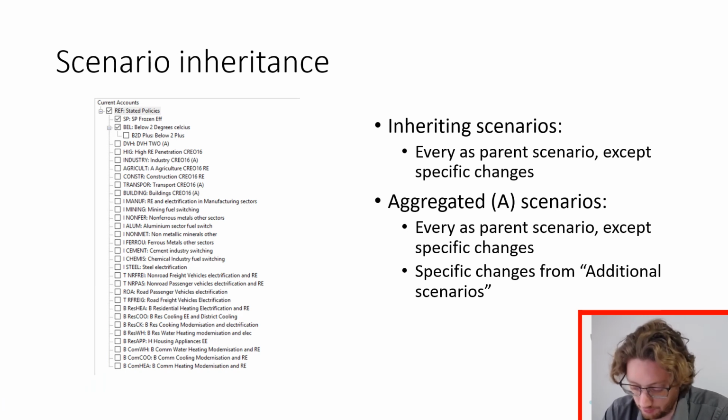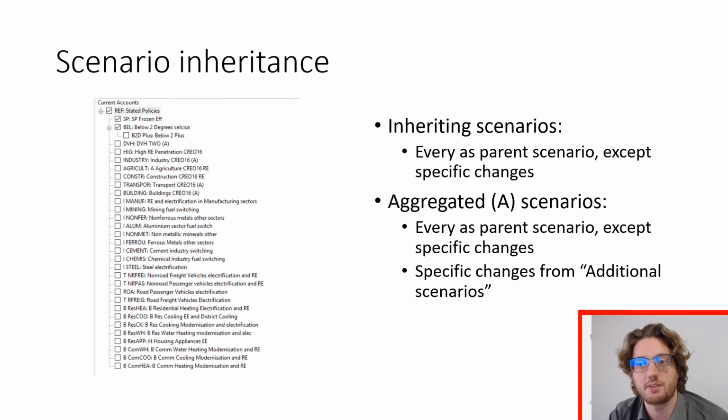Now, with inheriting scenarios, which is the basic one, again, everything is as the parent scenario except for the specific changes. That's what we had before. The aggregated scenarios, then everything is the same as the parent scenario except for specific changes, just like before, and then also specific changes from additional scenarios.